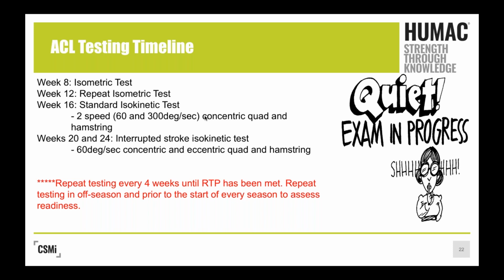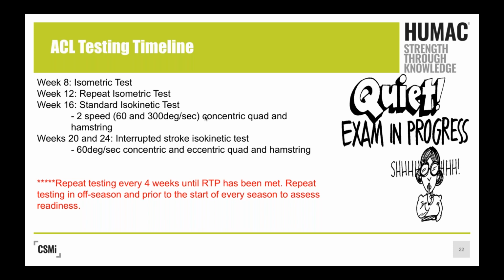Now from that point on, you test them every 4 weeks or every month. So you test them at 5 months, 6 months, until they meet that return to play criteria. And again, it's not just the isokinetic test. You've got to include the function test. I like to do the 30-second step down test at week 12, or a sit to stand test at week 8.